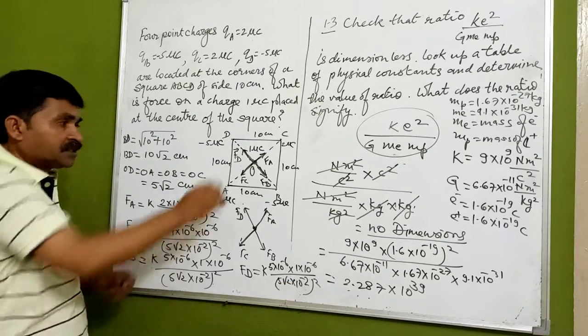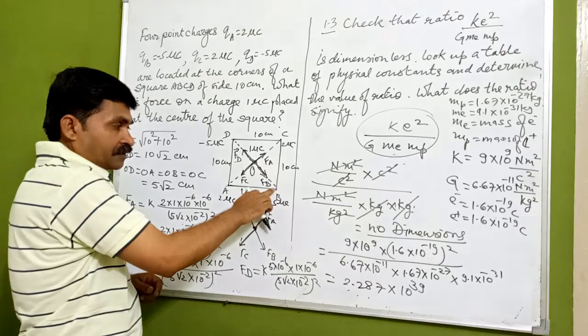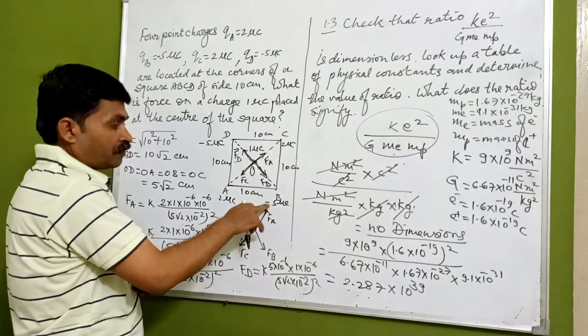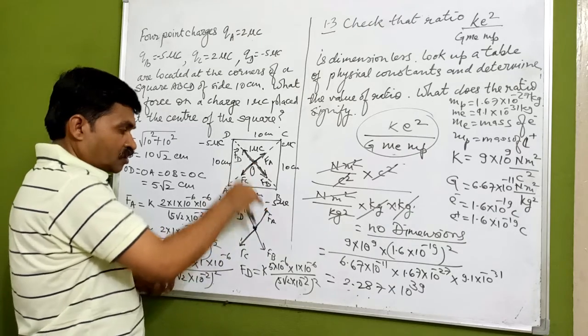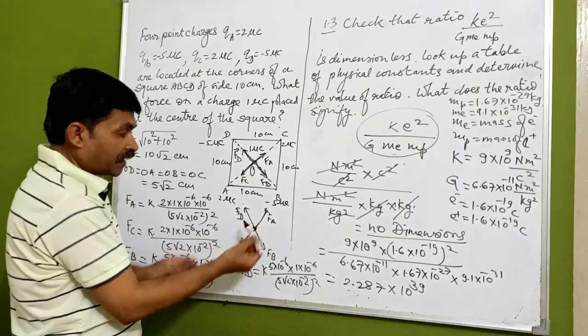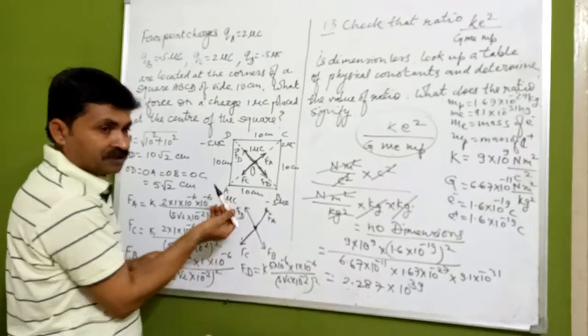Now see here, this charge is attracted by this charge because of the nature, minus and plus. So this will be the force acting in this direction, and the force because of D is acting in the opposite direction.